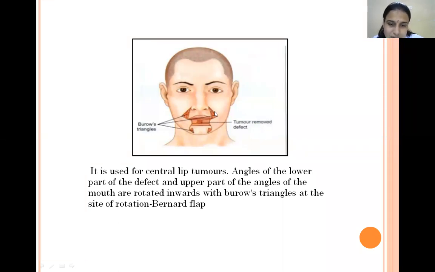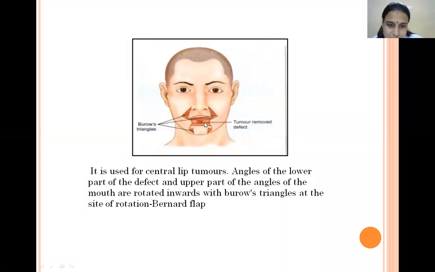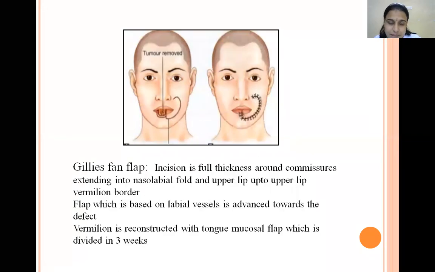It is made in such a way so that there is no buckling of the adjacent tissue. So when you close this area, it is a simple primary closure. There is no buckling of the adjacent tissue, and this is rotated inwards to cover over the tumor. Okay, this is Bernard's facial flap.